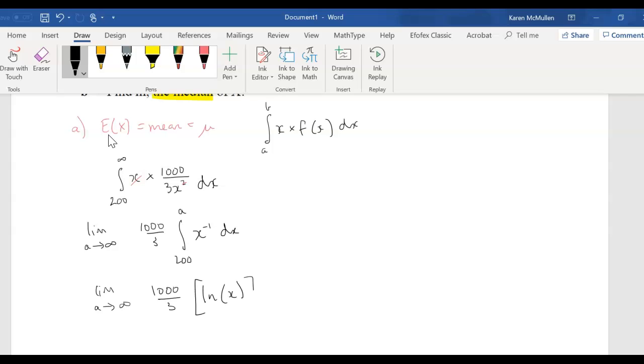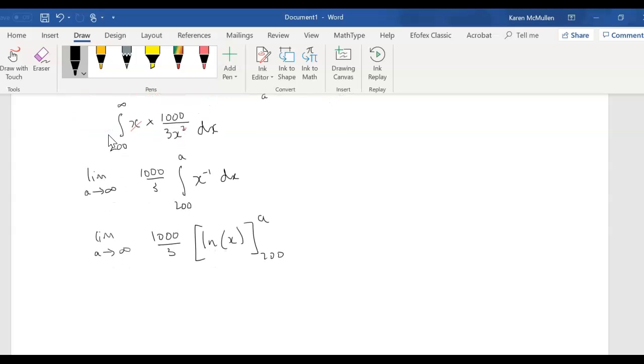You need to remember that. Our limits are 200 to a, so let's substitute in a and 200. I'm going to keep that 1000 over 3 out the front. Then we've got natural log of a, and then minus.